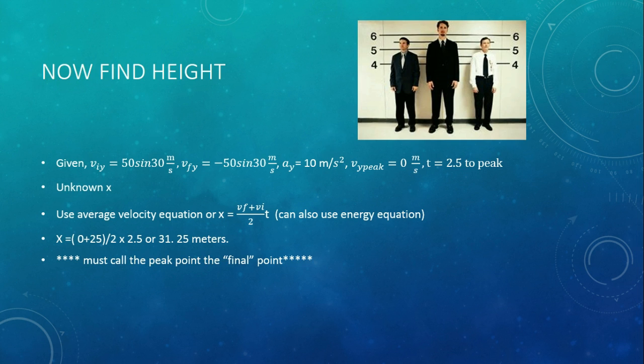We're trying to find the displacement to the peak, so the peak has to be the final point. Or you can call that the initial point and call the final point the bottom. But the peak has to be included somewhere in this solution.